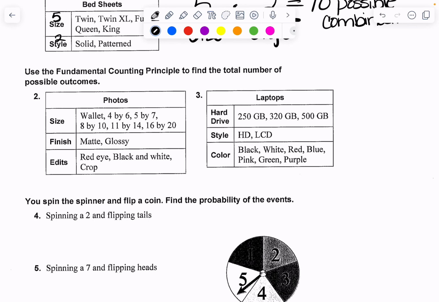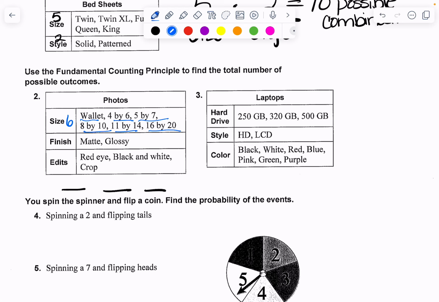So here, use the fundamental counting principle to find the total number of possible outcomes. So similar to what we just did using that multiplication. All right, here we're going to order some photos. There's 3 different options we have: size, finish, and edits. For size, I can get wallet, 4x6, 5x7, 8x10, 11x14, or 16x20, so I have 6 possible outcomes for the size.